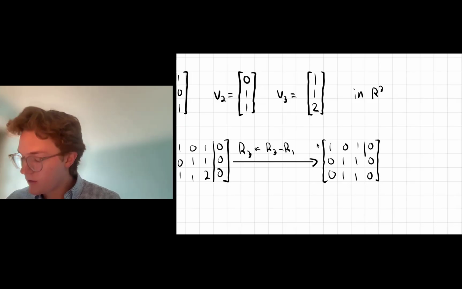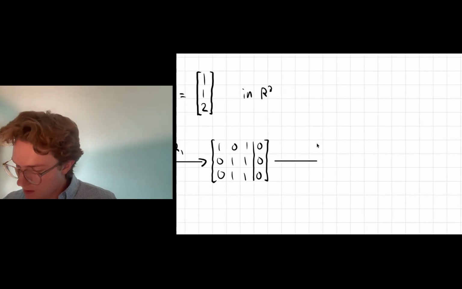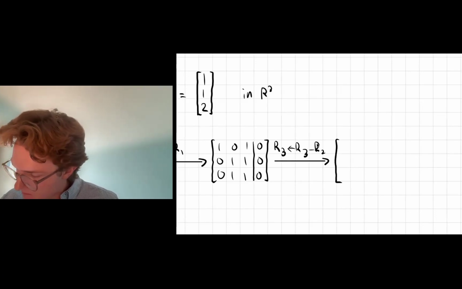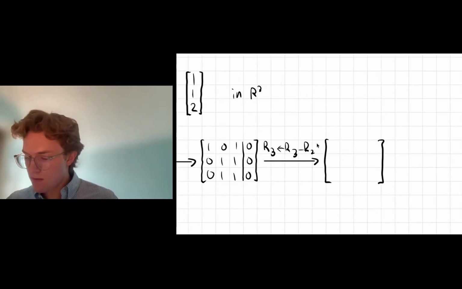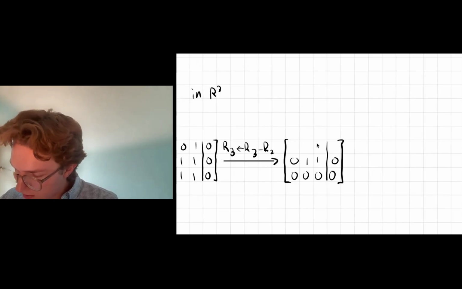Now we can see pretty clearly that row 2 and row 3 are equal. So if we now subtract row 2 from row 3, we will get all zeros on the bottom.